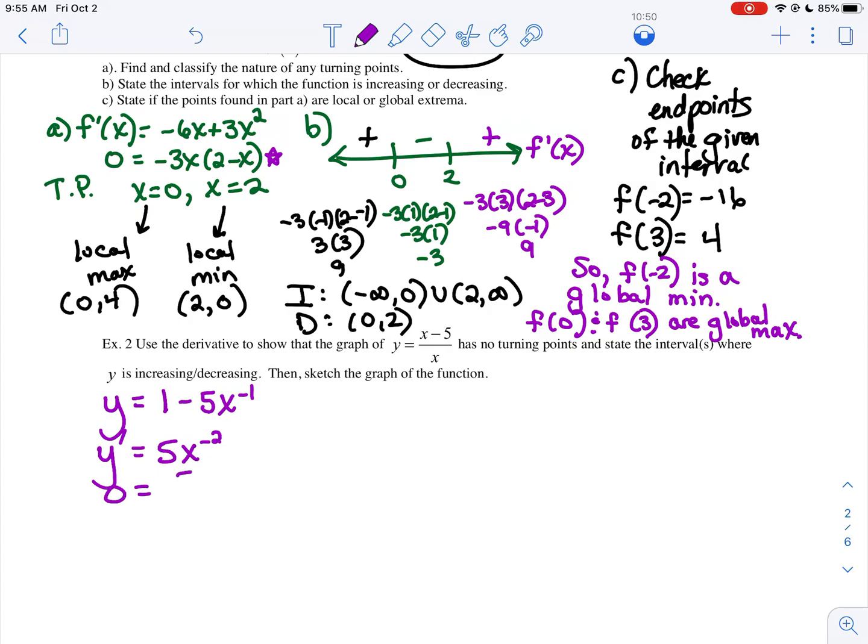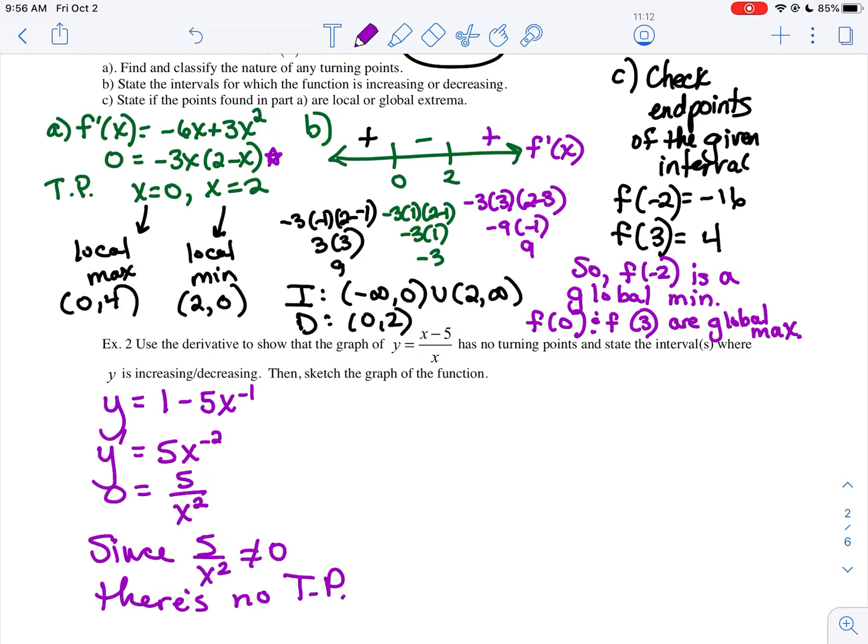So I want to know for a critical number, or see, I just knew I would do it, a turning point. Okay, the turning point is where the first derivative is 0. So since 5 over x squared can never equal 0, there's no turning points, okay? There's no turning points.